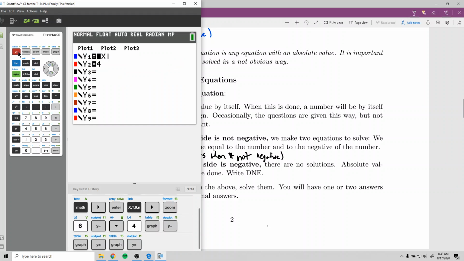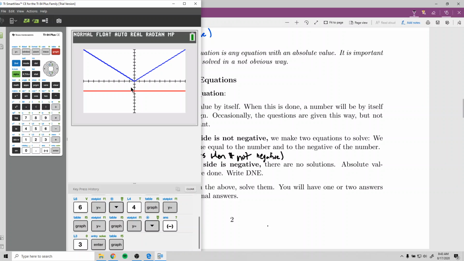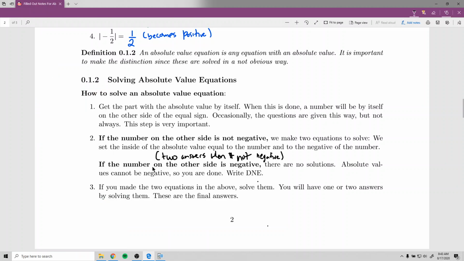Now if the number is negative, how many answers do we get? Let's say -3. Well, it doesn't intersect at all. When the number is negative, you have no solutions. And that's exactly what the second point here is. If the number on the other side is negative, there are no solutions.